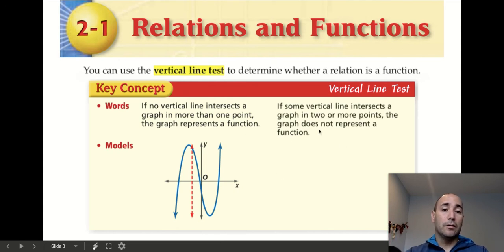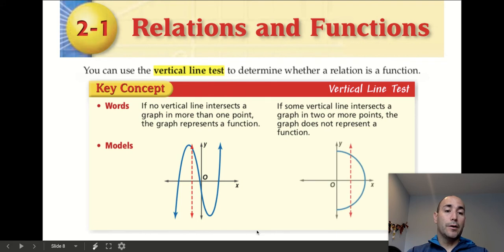If it failed the vertical line test, that means that a vertical line intersects a graph in two or more points, right? Then that graph would not represent a function. So here's an example of that. Again, here's my graph in blue. If I were to take a vertical line, and at any point, like this one, it touches the graph two or more times, then it's not a function, all right?